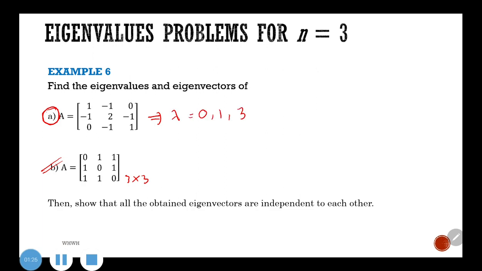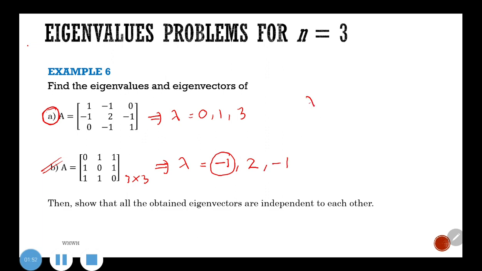So by right for this one also you should expect 3 values. However, for this one you got to be careful, you hanya akan dapat 2 values of lambda, negative 1 and 2. But sebenarnya dia ada 3 because this negative 1 repeats twice. So you akan dapat 2 kali negative 1.